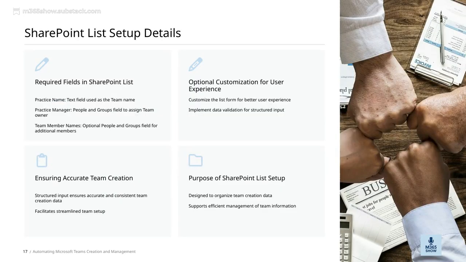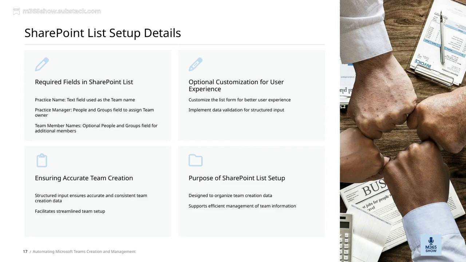Now, let's take a closer look at the SharePoint list setup details, focusing on automating Microsoft Teams creation and management. This setup is specifically designed to organize all the data related to team creation, making the entire process much more efficient. By supporting streamlined management of team information, it helps ensure that everything is organized and accessible.